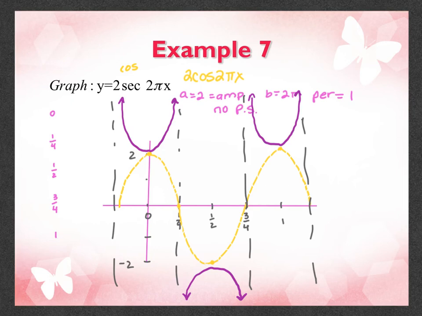If there's a vertical shift, and this is where it gets a little bit confusing, my advice is to graph it exactly the way it is right now. Go ahead and draw your curve, and then shift it after you find your asymptotes, because it's going to be harder to find your asymptotes.